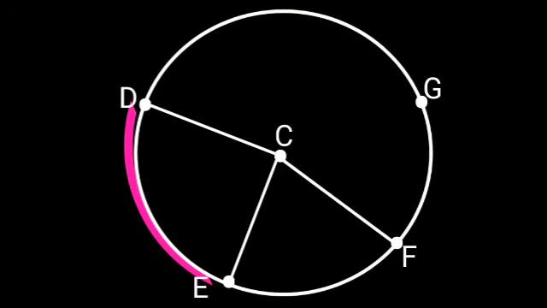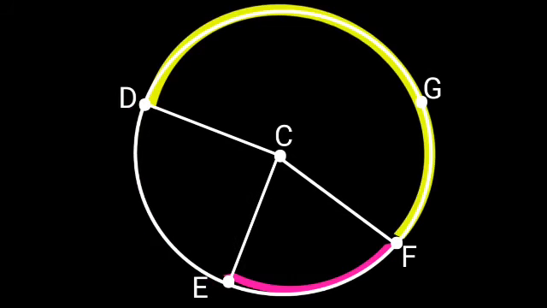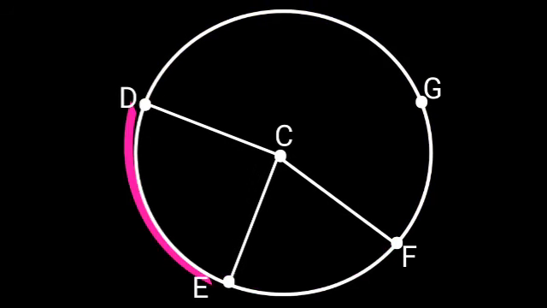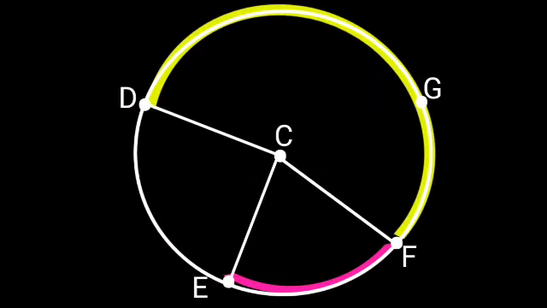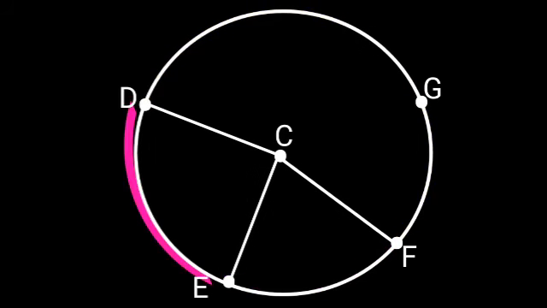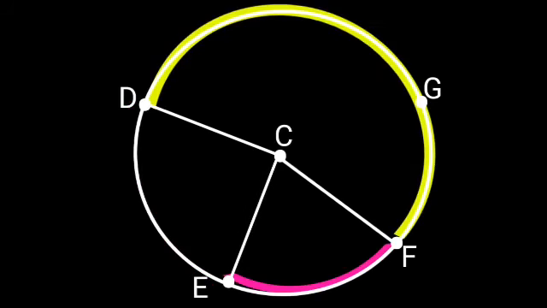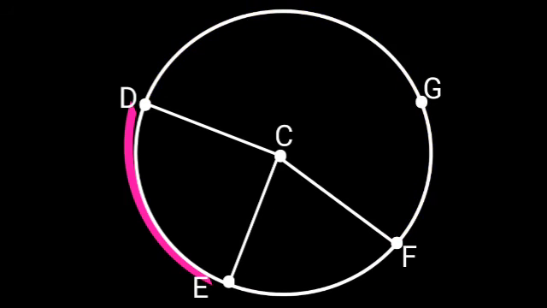Measure of arc DGF plus measure of arc EF plus measure of arc DE: we get 200 plus 70, that is 270. 360 minus 270 is 90. Thus we find the measure of arc DE is equal to 90 degrees.